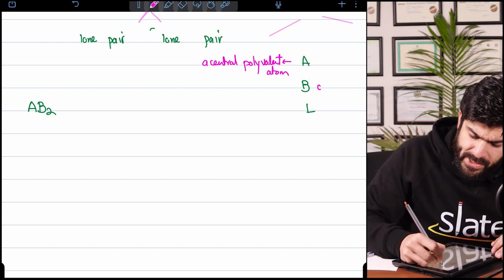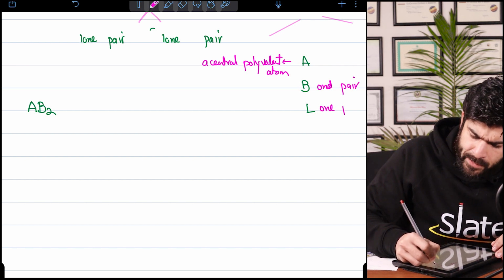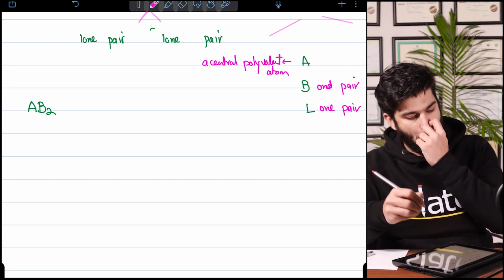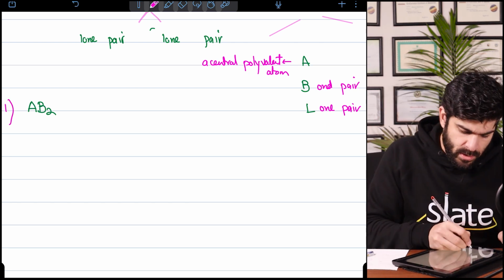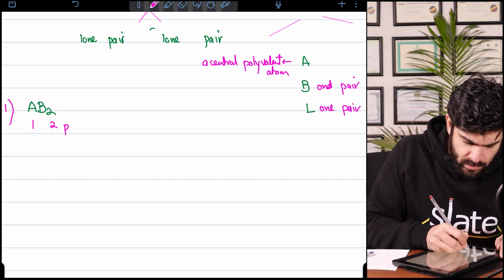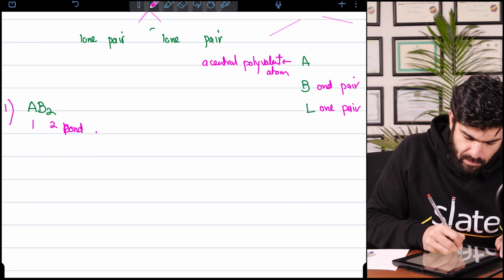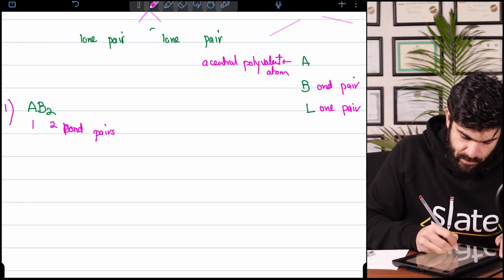And when we talk about B, that's a bond pair. And L is a lone pair. So in the first type, AB2, we see there is one central atom and there are two bond pairs, and no lone pair.